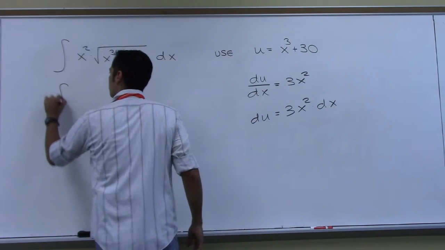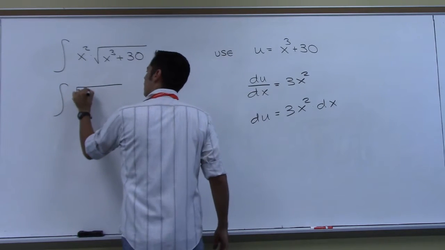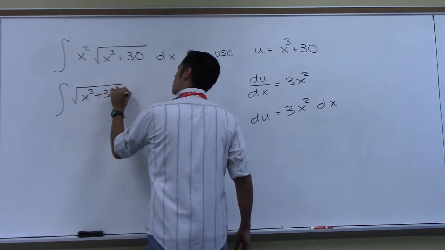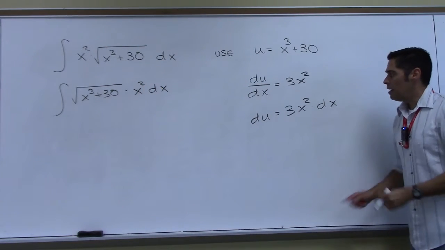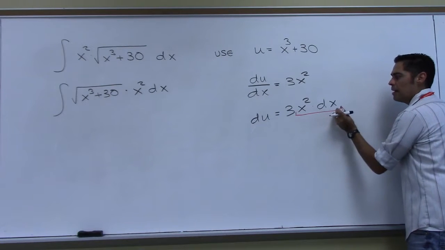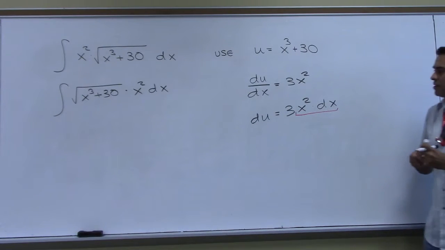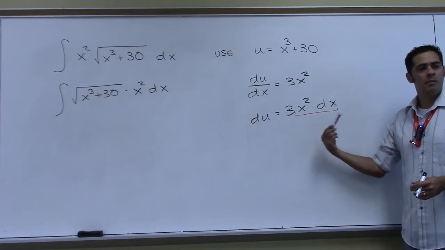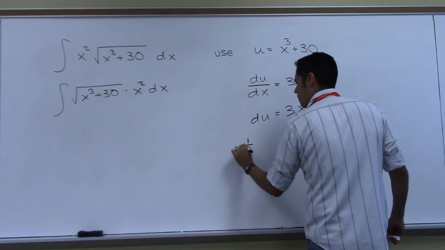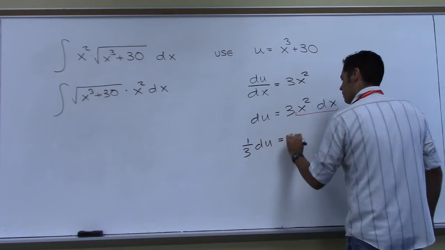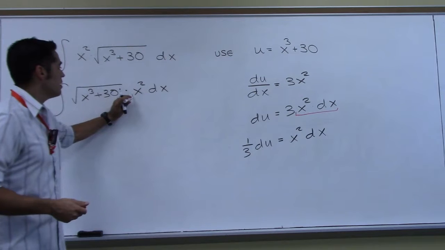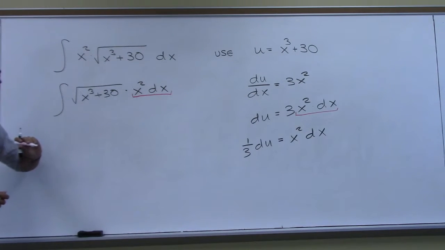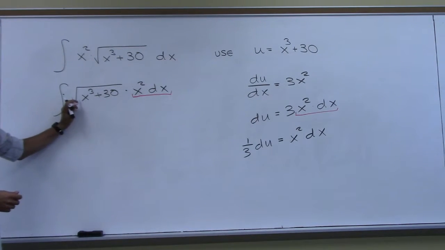You have square root x cubed plus 30 times x squared dx, right? You have the x squared dx. So let's go ahead and try and isolate this x squared dx here on this equation. So do what? Multiply both sides by 1/3. And so what I'll do is I will replace this x squared dx with 1/3 du, and I'll replace the x cubed plus 30 with u.